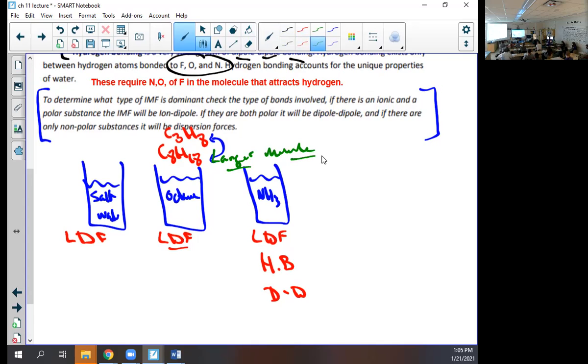And that's probably what both of you were going to say also. Octane has greater London dispersion forces because it is a larger molecule. Larger molecules, higher London dispersion forces, the higher the boiling point. We don't have to write all that, but just over and over.